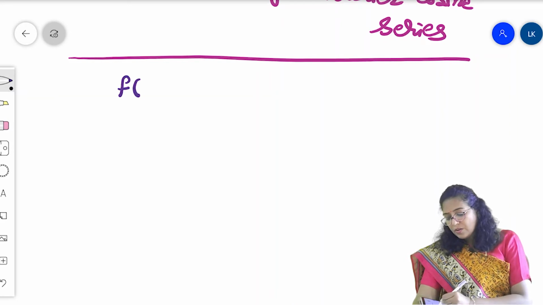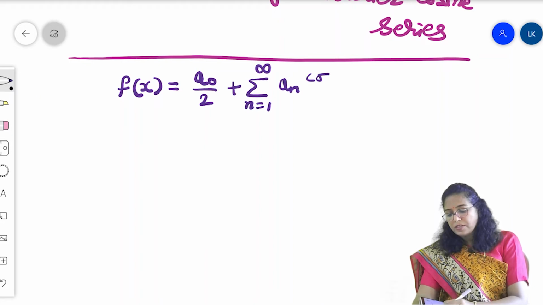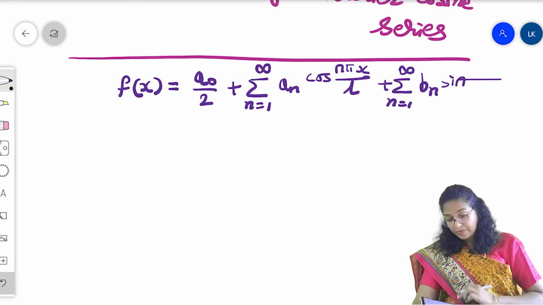Originally, we know the formula is f(x) is equal to a0 by 2 plus summation n equal to 1 to infinity an cos(n pi x upon L) plus summation n equal to 1 to infinity bn sin(n pi x upon L). That we know. Okay.